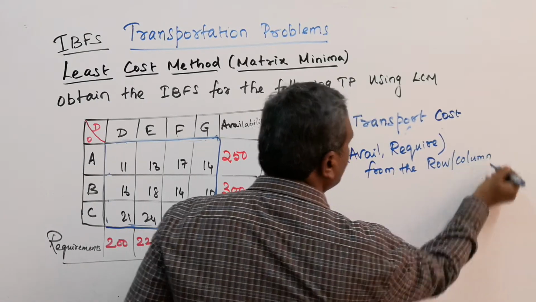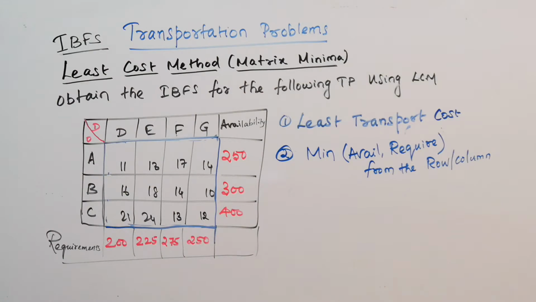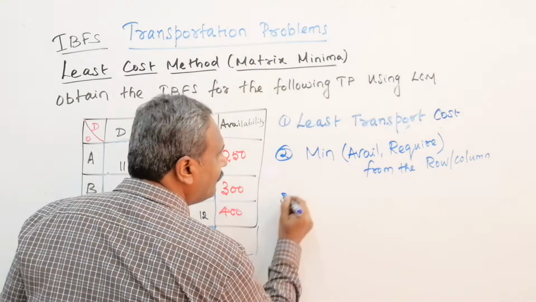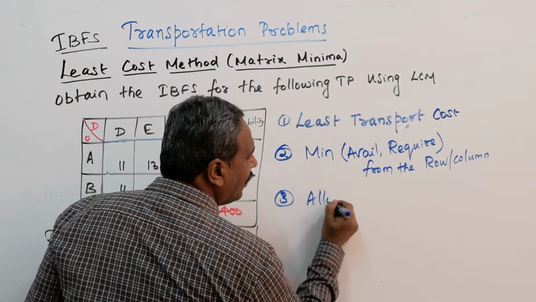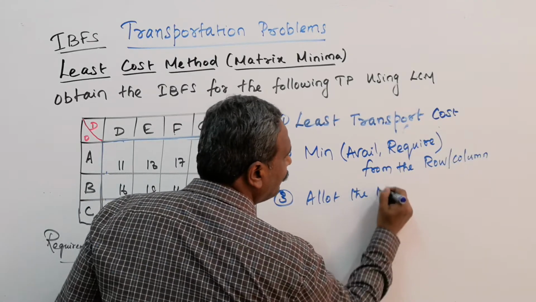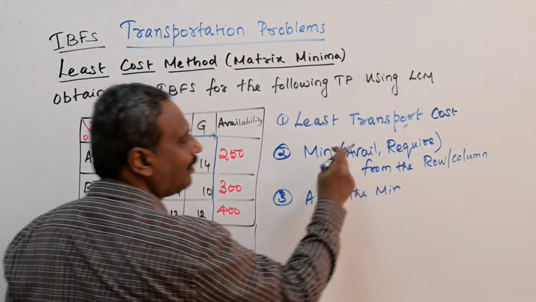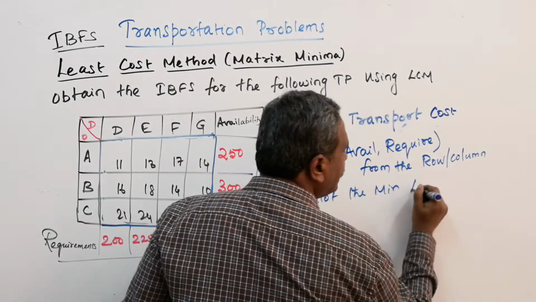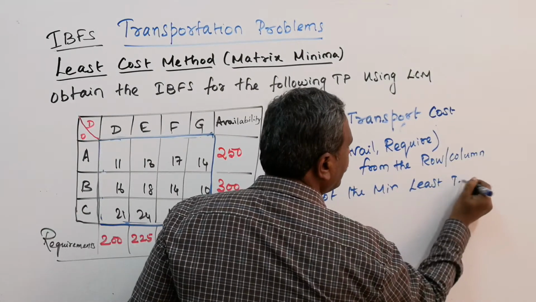Then we are going to allot that minimum value at the least transportation cost cell.